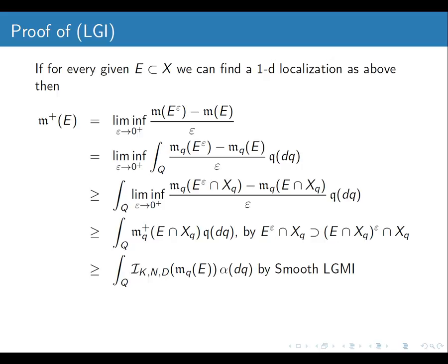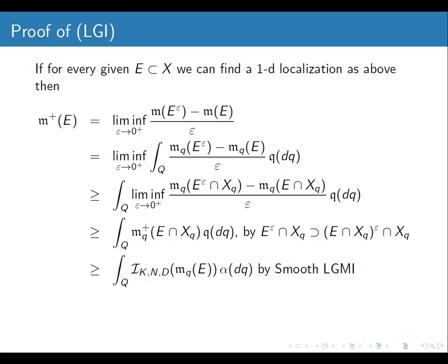So if I make an enlargement and then I intersect, this would contain the set where I first do the intersection and then do the enlargement. So in a way, this ratio is just bigger than the one-dimensional Minkowski content. It's just written here. But now we know that we have localized the geometry.